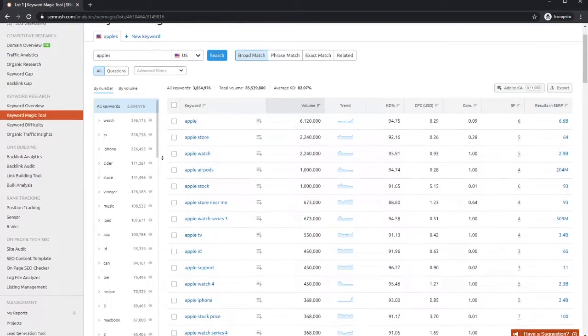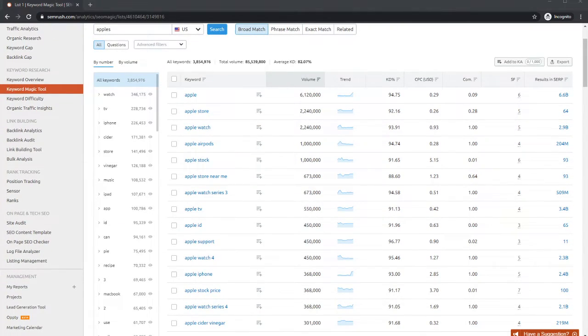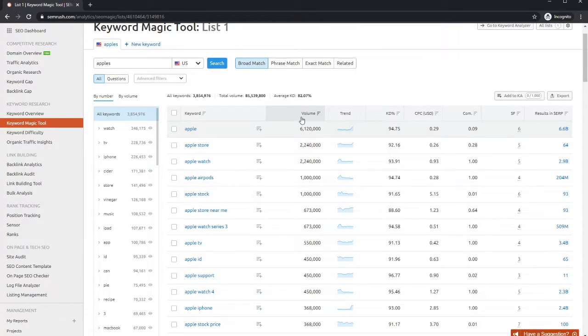So let's look here, and we see Apple. Okay, Apple is pretty simple, just any word. So Apple, volume. It's important to know the key terms in this. So volume, according to this, means the average number of monthly searches for a given keyword over a 12-month period.